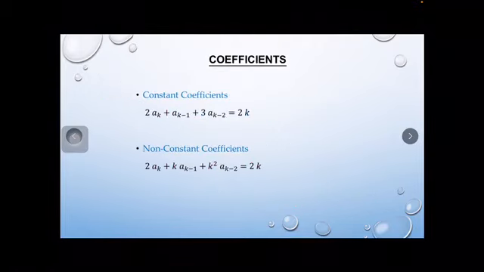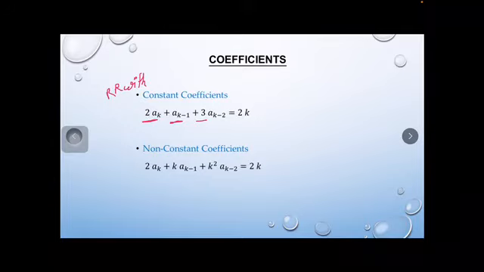Okay, so now come to the coefficients. Constant coefficients means that if your recurrence relation has coefficients like 2, 1, 3, you can see that all the coefficients are constant values. So if all the coefficients of your recurrence terms are constant, you can say that this is a recurrence relation with constant coefficients.